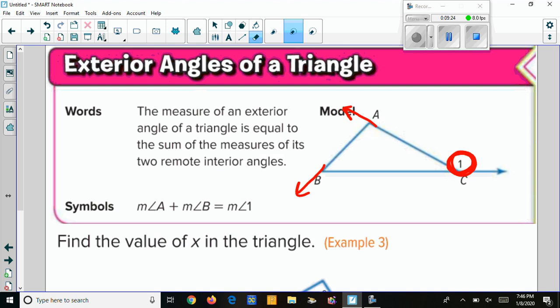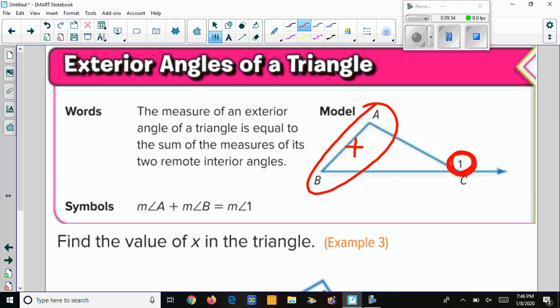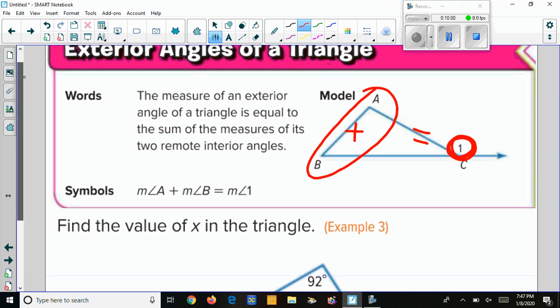The definition for the exterior angle here is that the angle on the outside is equal to the sum of the two angles opposite of it. They're called remote interior angles because they're the inside angles that do not touch the angle I'm trying to find. And we can use this equation to solve for any of the angles I have circled.